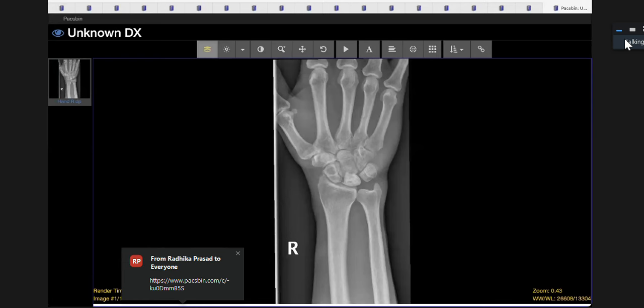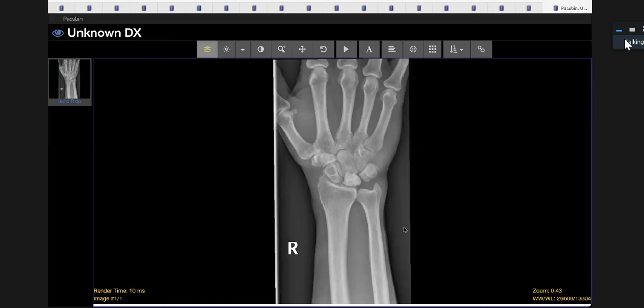Kienbock's can sometimes be associated with negative ulnar variance. Is it positive? No, it's negative, isn't it? This is always what confuses me. That means the articular surface of the ulna is shorter than the radius.